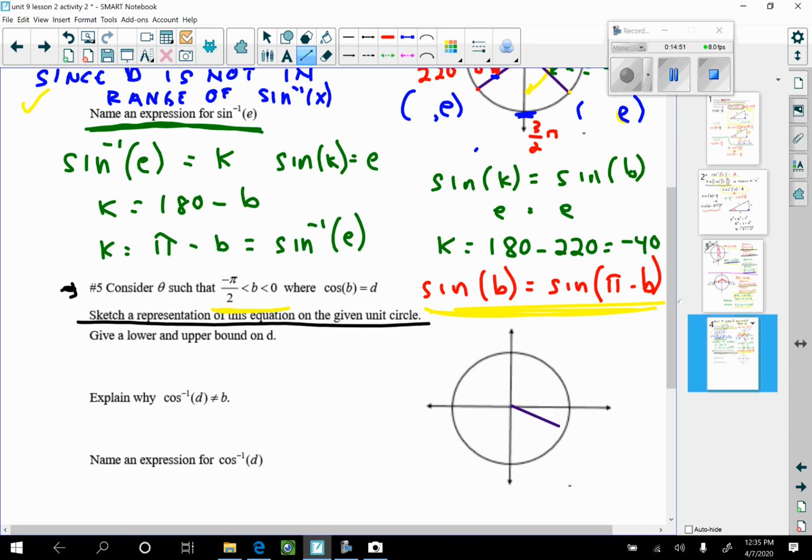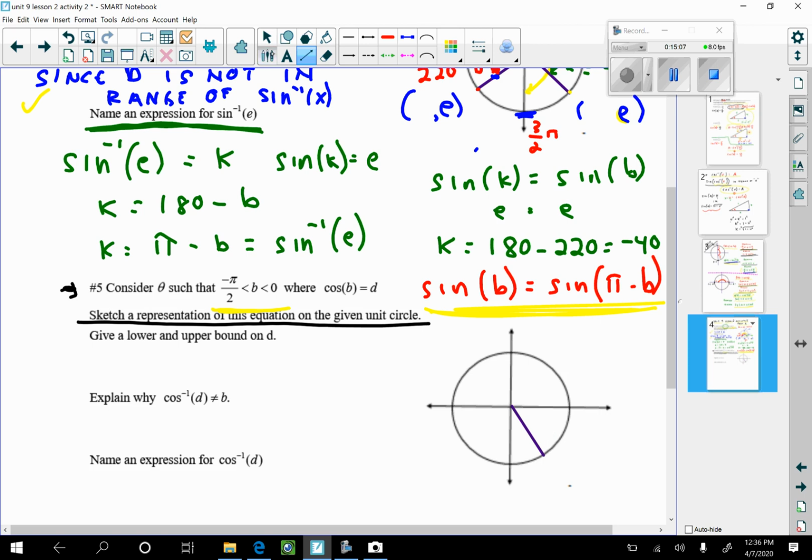Okay, here's the angle. Here's negative pi over 2. I want to be between negative pi over 2 and 0. Oh, that's greater than 0. I'm talking about angles. That's great. And right here, okay, we'll just put that rascal right there.